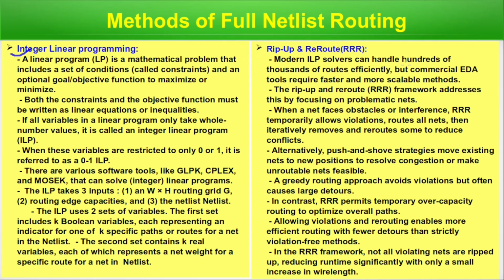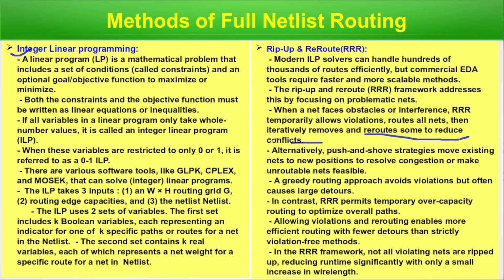Modern ILP solvers can handle hundreds of thousands of routes efficiently, but commercial EDA tools require faster and more scalable methods. The rip-up and reroute framework addresses this by focusing on problematic nets. When a net faces an obstacle or interference, RRR temporarily allows violations, routes all nets, then iteratively removes and reroutes some to reduce conflicts.